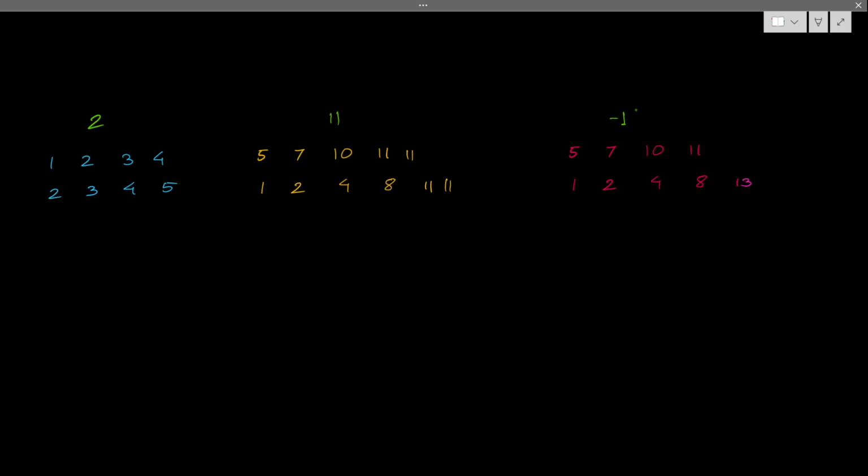So how could we do that? What approach could we take to solve the problem? First, the brute force approach is what? For each element, we check whether it is present in the other array or not.